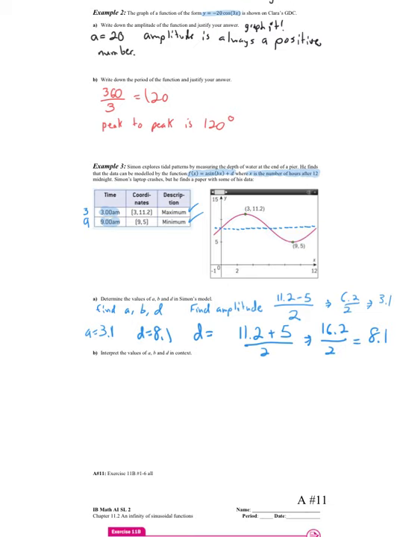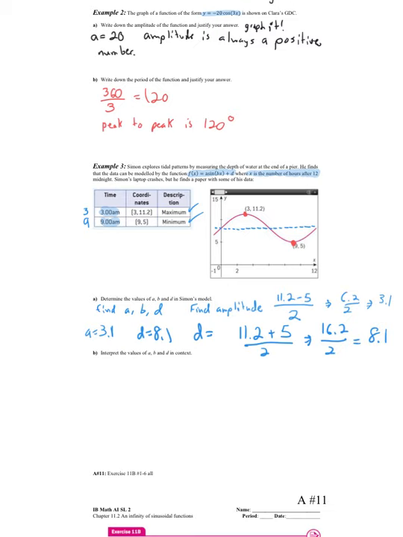The last one is to find the period of the function. I've got to find the period of the function to find the B value. But do I have one full period on my graph here? If I'm going from a maximum to a minimum, how much of the period is being covered? Half. Exactly, half of the period.